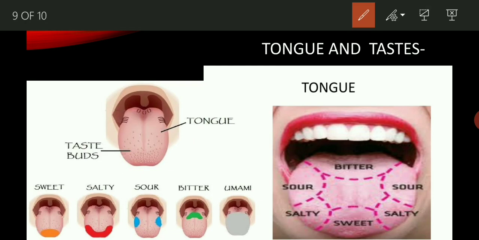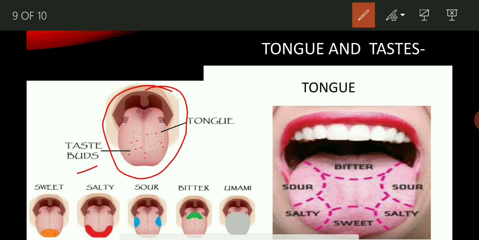Okay, as you can see, here is the diagram of our tongue, and on it you can see that there are small tiny bead-like structures. These are known as taste buds. Okay, here in this diagram you can see that the front part of your tongue is responsible for giving the taste of sweet, and if you're talking about the front corner of the tongue, it is responsible for giving the salty taste.